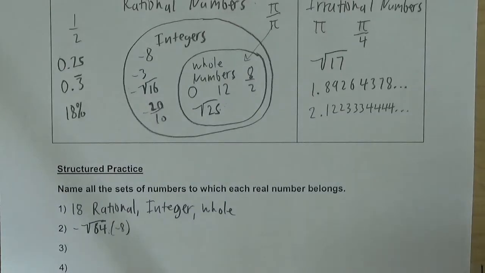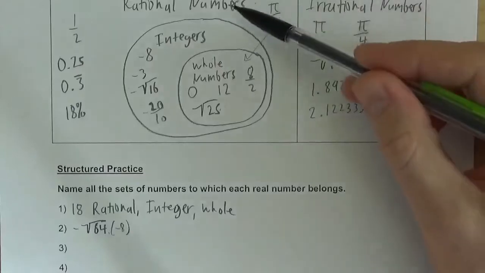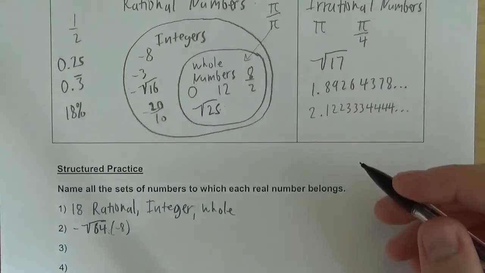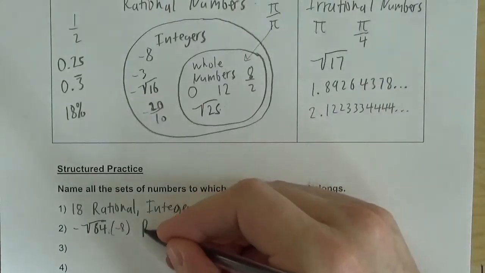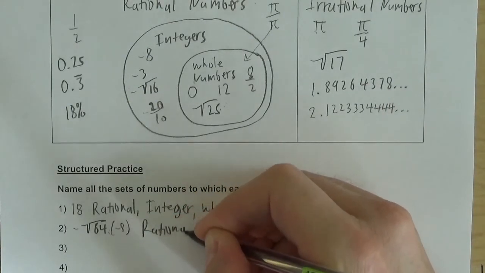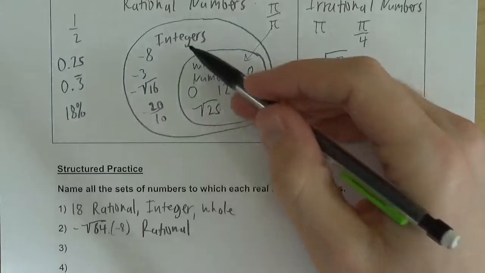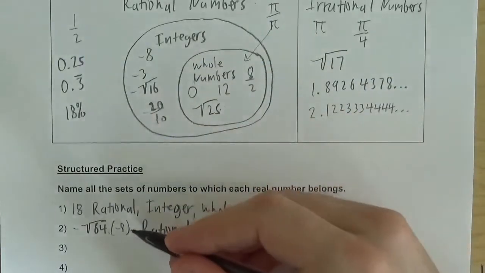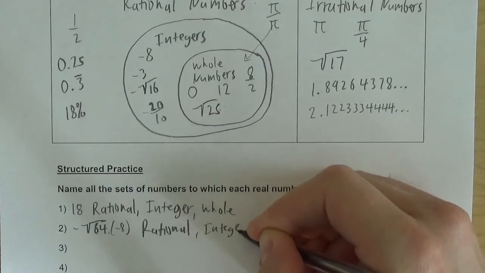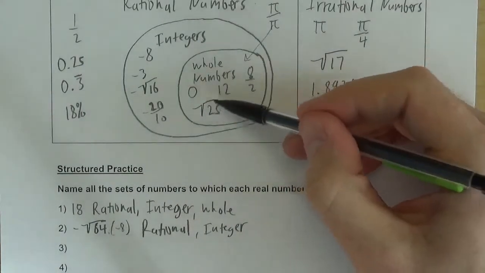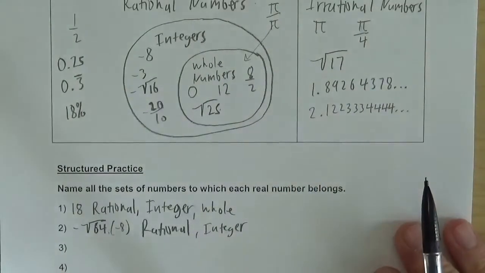So negative 8, is it rational or irrational? It is a rational number. It does not go on and on forever and not repeat. So it is rational. Is it an integer? Yes, it's a positive or negative whole number, so it's an integer. Is it positive? No, so it wouldn't also be a whole number.